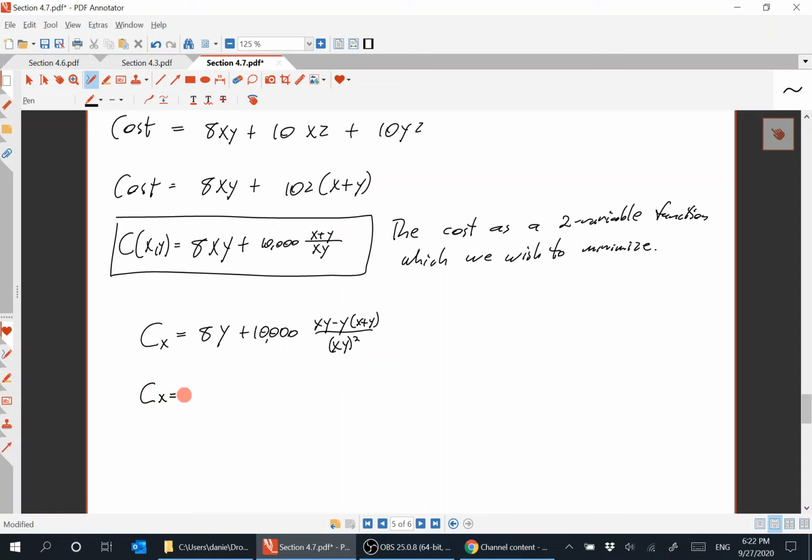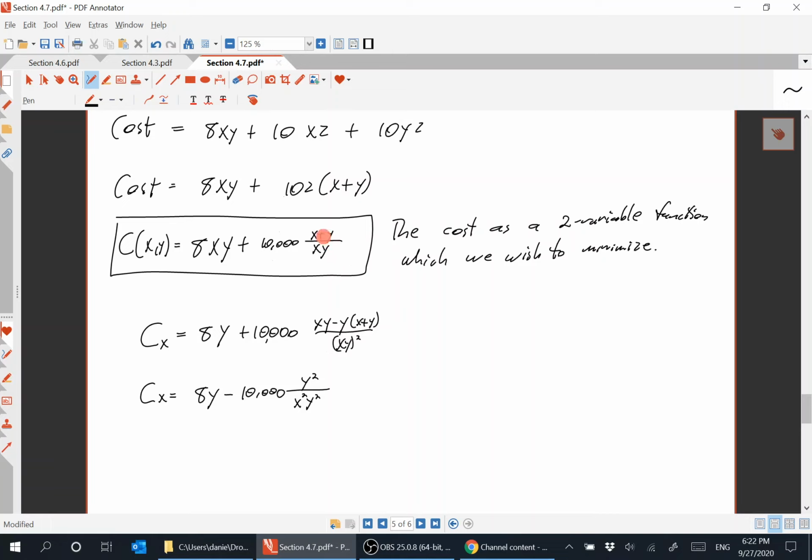So Cx is equal to, let's simplify, 10,000 xy minus xy, so it's minus y squared over x squared y squared. Or no, x plus y squared. No, that's xy squared. x plus y, right.